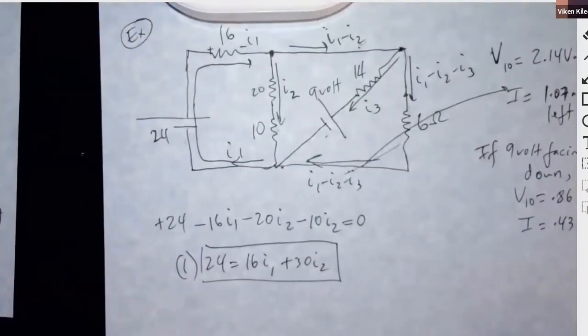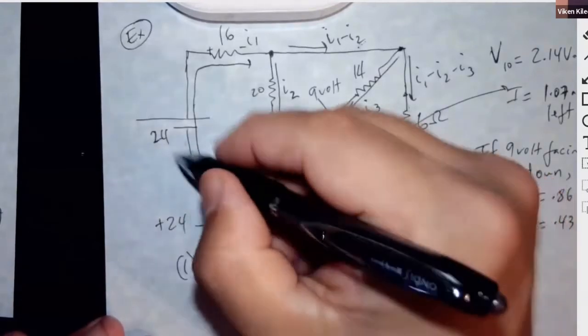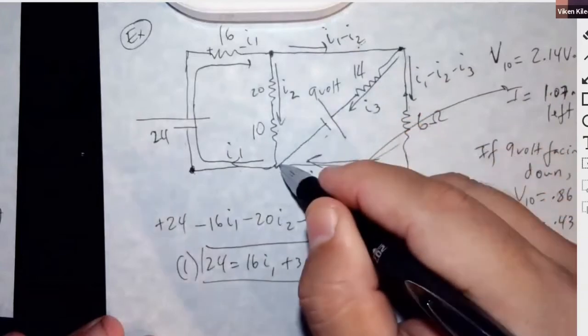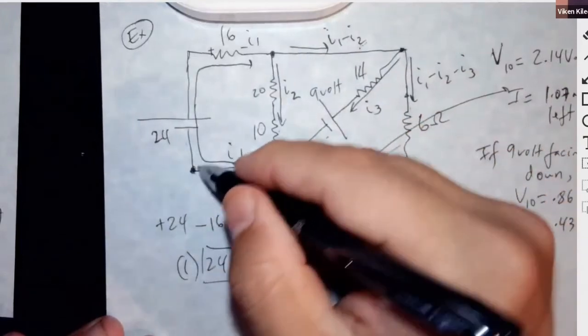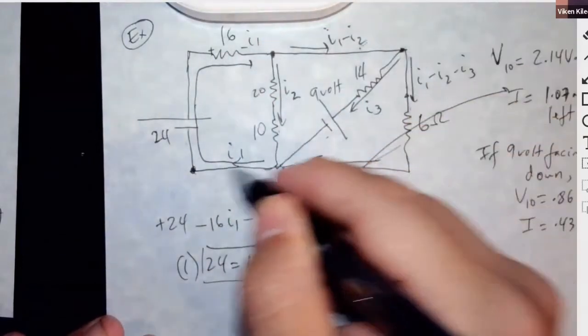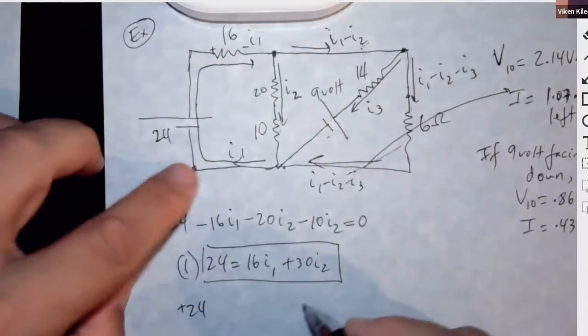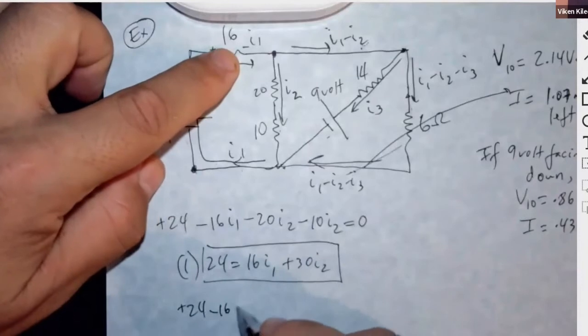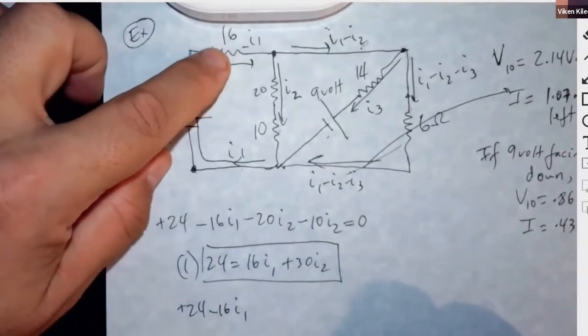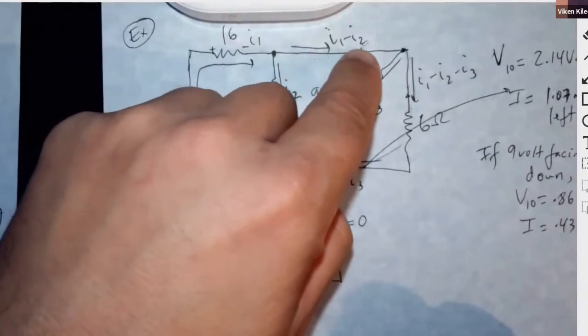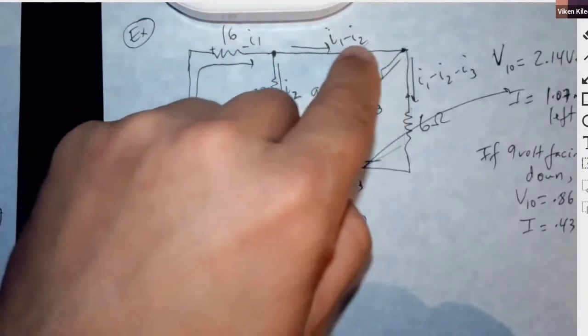For my second loop, I could start here again, and then I could go like this, come down, and then go back, like that. So come down diagonally. So then you go 24, negative 16 I1. Then you go here. You don't lose any voltage because there's no resistor.